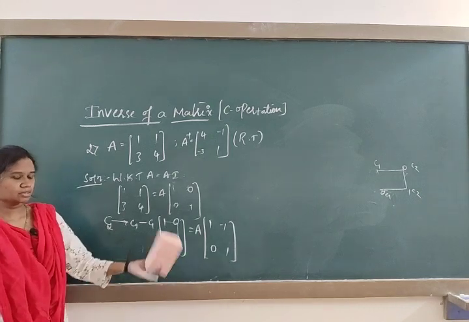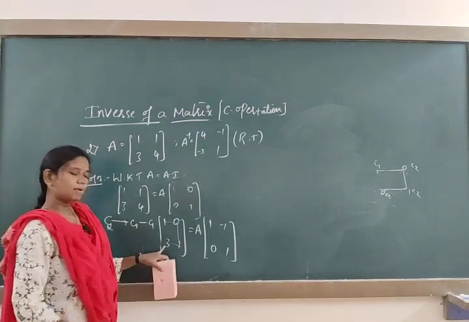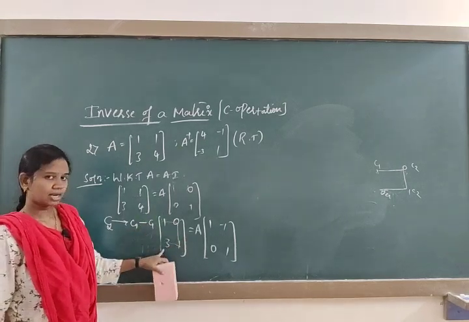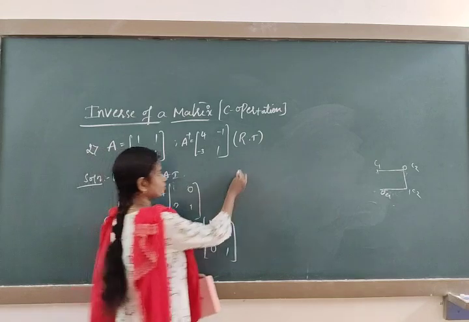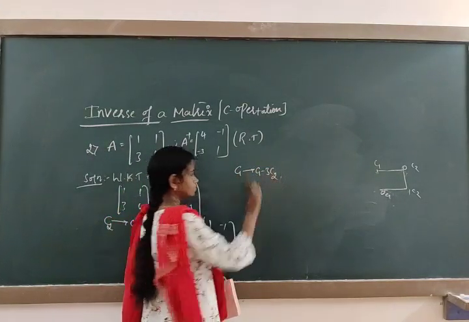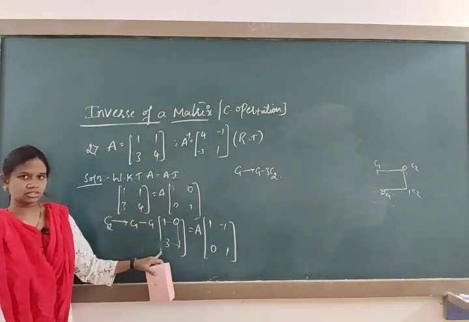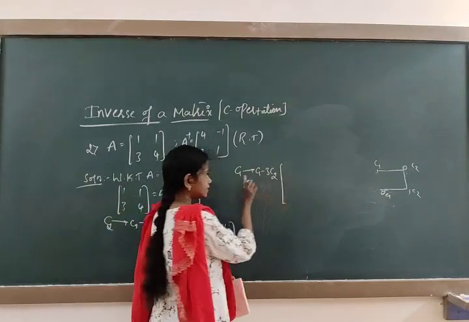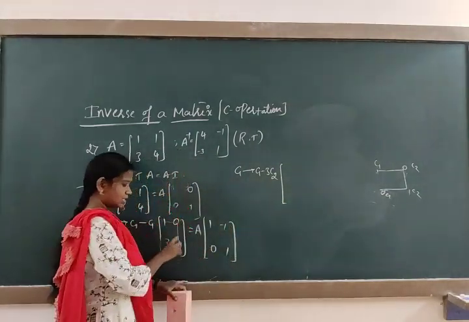Plus 3 will be subtracted with minus 3. Plus 3 is present in which column? The first vertical line, C1. C1 changes as C1 minus 3C2. We are changing C1, it means C2 remains the same.